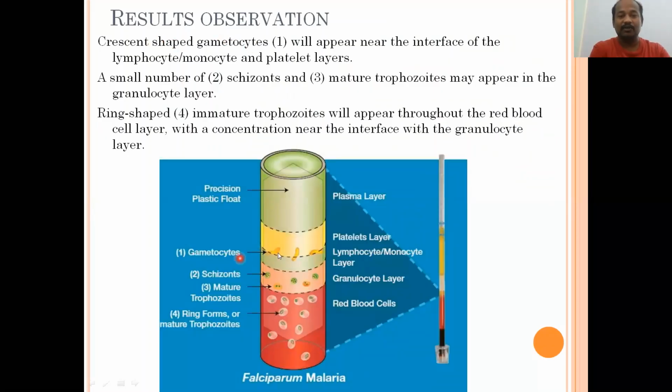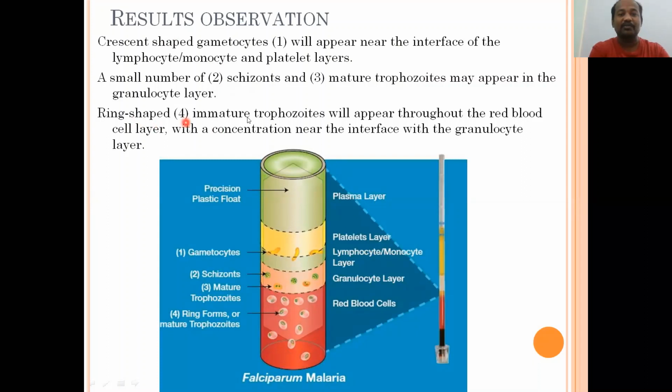You can see the gametocytes present in the platelet, lymphocyte, or monocyte layer, in the upper layer of the float. The gametocytes appear near the interface of the lymphocyte or monocyte and platelet layer. The second is the schizonts and mature trophozoites.